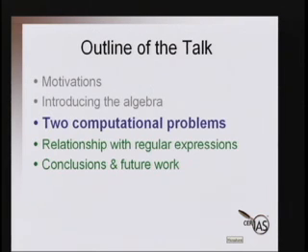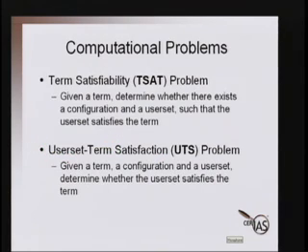After introducing the syntax and semantics of the algebra, we would like to talk about two computational problems related to the algebra. The first problem is the term satisfiability problem. Given a term, we would like to determine whether there exists a configuration and a user set such that the user set satisfies the term under the configuration.